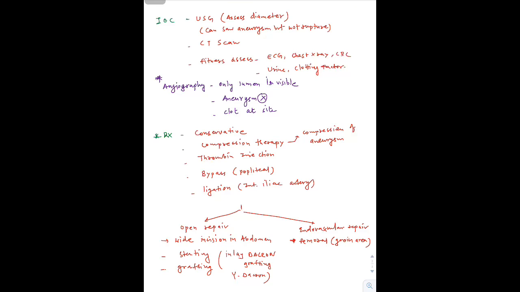In the abdomen we did a big incision, we opened the abdomen and then repaired the abdominal aorta, while in this endovascular repair, also called EVAR, we enter into the aneurysm through the groin area, then we repair over there and do the surgical treatment.